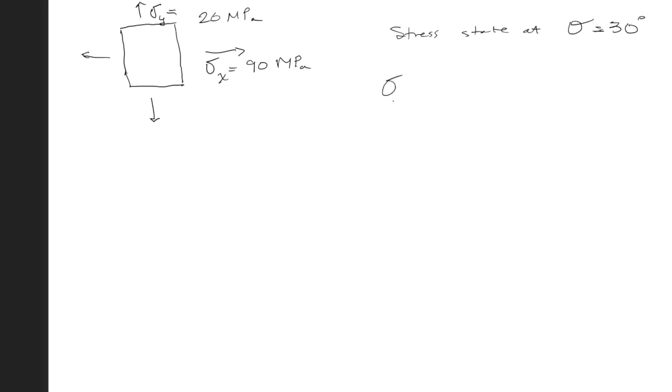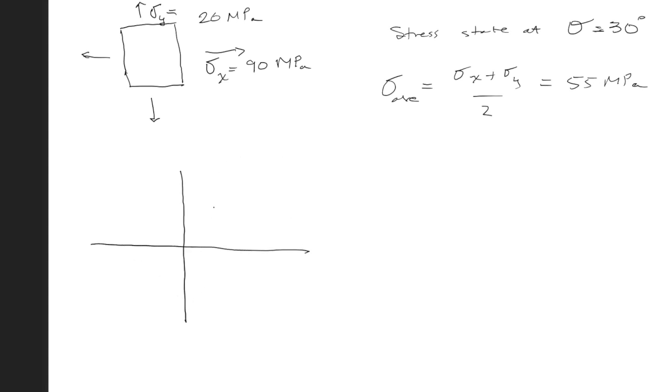Okay, so first sigma average is just sigma x plus sigma y over 2, which is 55 megapascals. And so I have my circle here. I know that it's at sigma average, so it's right here, let's say. Point A is the x face stress condition, which is 90, 0.